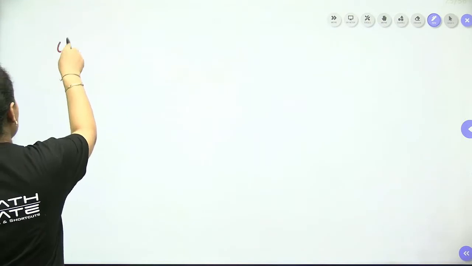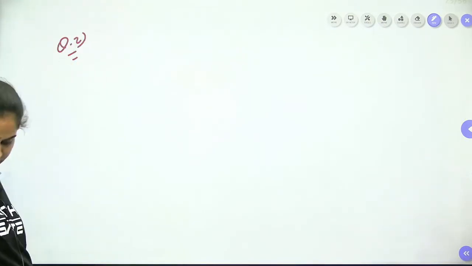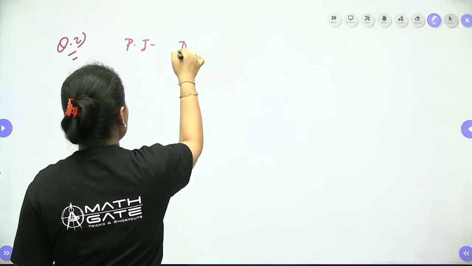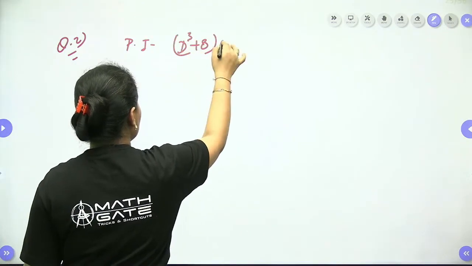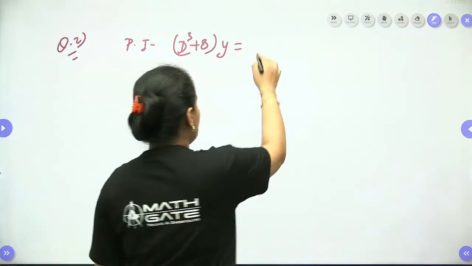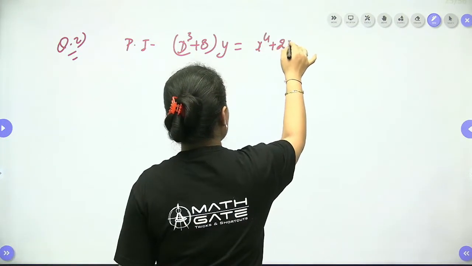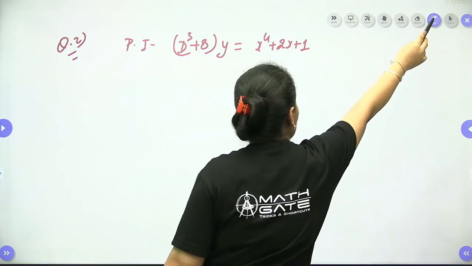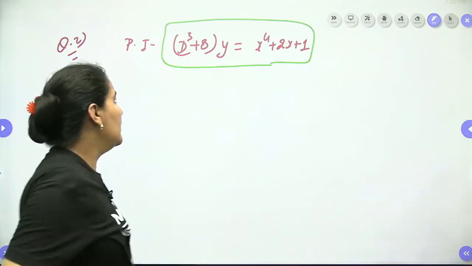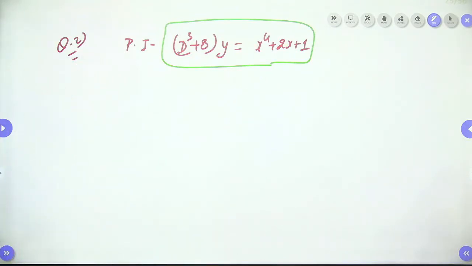Now let me show you one more example so that it will be more clear to you guys. Let me write down one more example for this particular case. Find the PI of d cube plus 8 y equals x to the power 4 plus 2x plus 1.